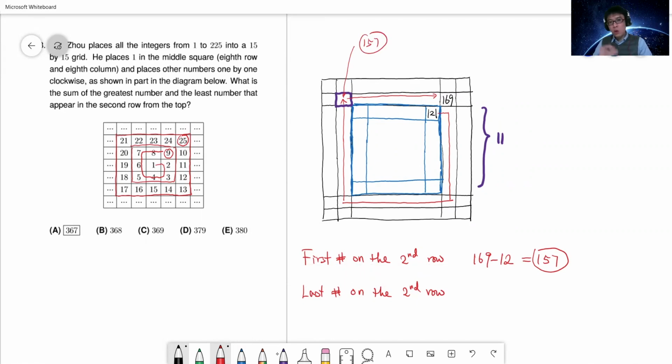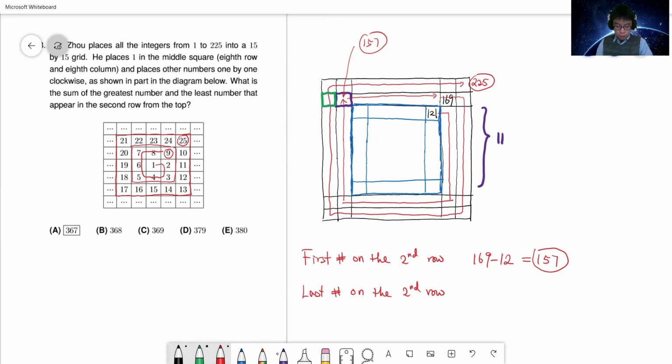And then let's see which number is the last number to appear on the second row. Following this pattern, we will have the following path of writing numbers. The last number is 225. And we note that the last number on the second row is the number exactly on the left of 157.